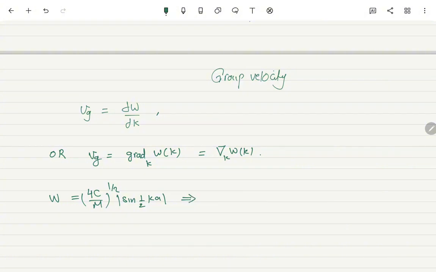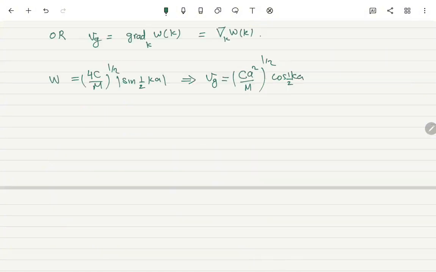And from this one here, the group velocity is equal to c a square over m to the power half cosine half ka, which is, as expected, 0 at the edge of the zone boundaries when k equal to pi over a. The group velocity is equal to 0.